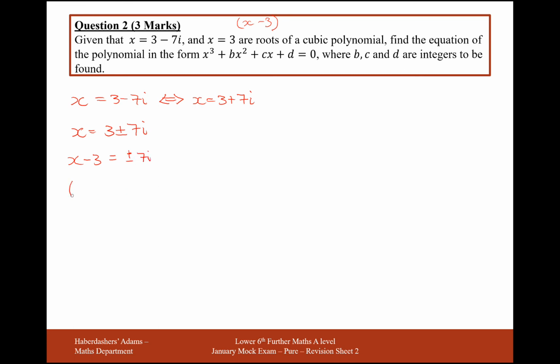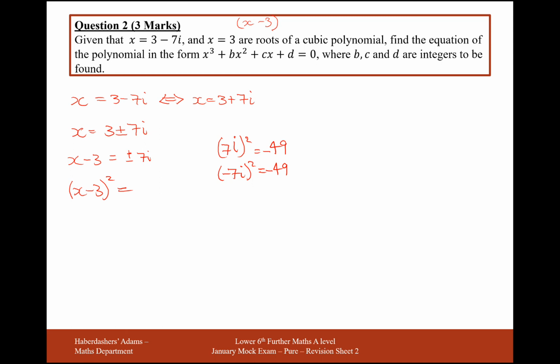Squaring both sides now, we get x minus 3 squared equals, so 7i squared, that's 49 and then the i squared is a negative. And minus 7i squared, well that's minus 7 squared, that's 49, and the i squared will give me a minus.